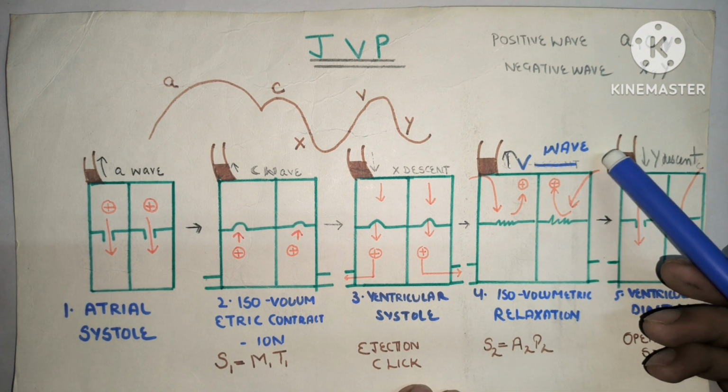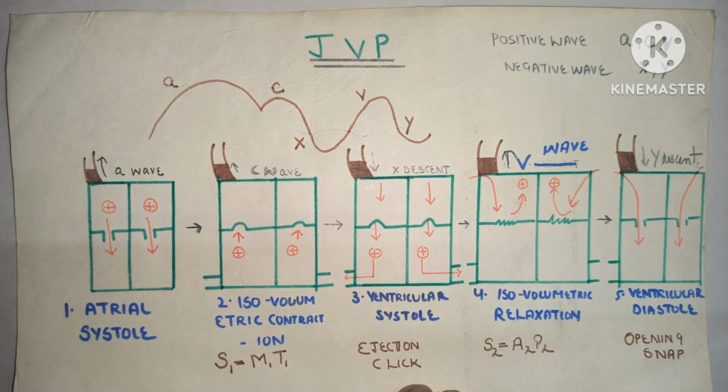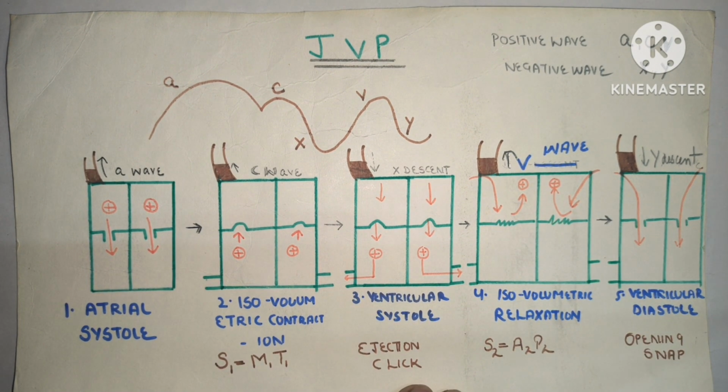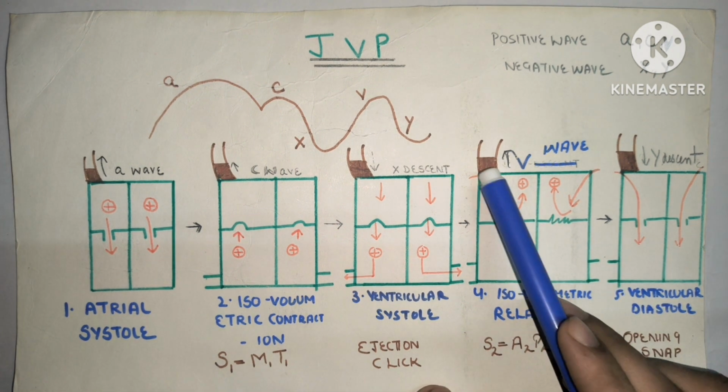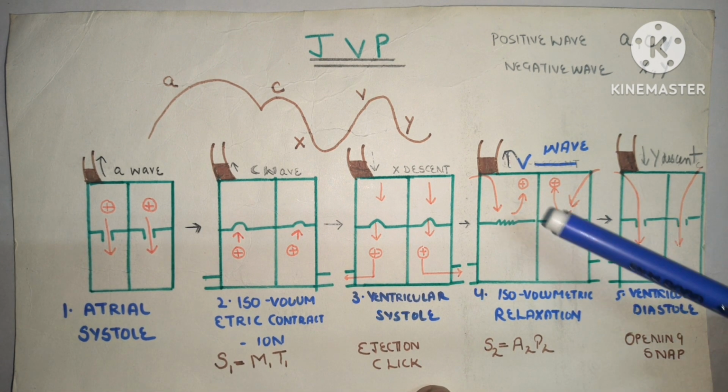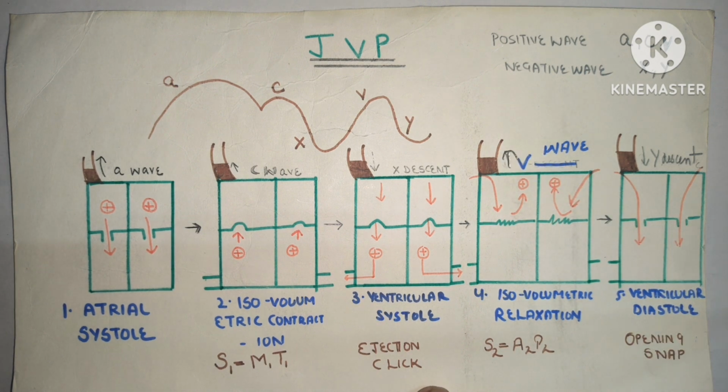So the passive filling of the atria will start now. Passive filling, yes, as you know the atria is like 70%. So now when the blood is going to come into the right atrium, again the pressure in the right atrium is going to increase, so the pressure in the jugular vein is going to increase, and this shows the V wave.